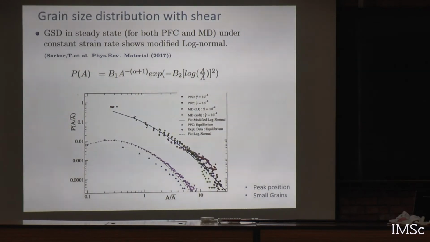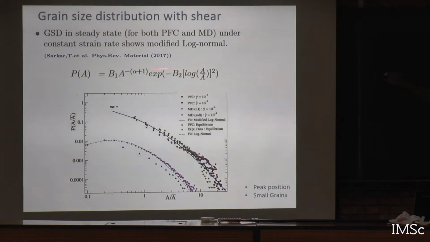So if we take this as a reasonable fit to this data across these various simulations, first of all, there is some amount of universality across models. We do not have a big range of shear rates, and we also cannot go to that regime of small grains.